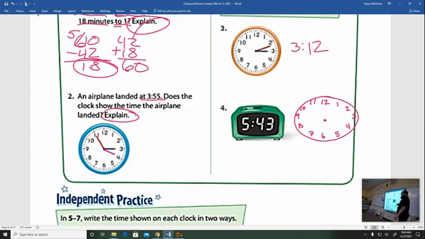Where should it go, Brewer? Where should it go? What do you think? It's 5:43. I didn't draw the little.